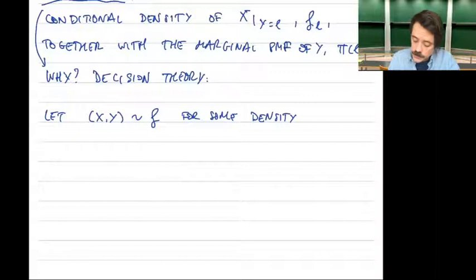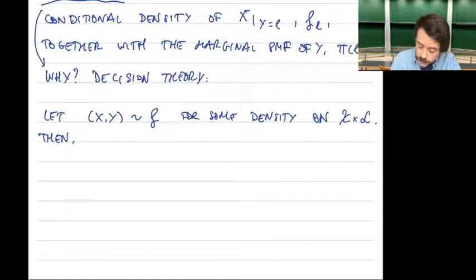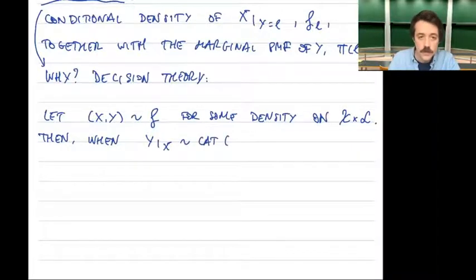So for some density on this calligraphic X times the set of labels, let me now take the first view, in which Y given X is categorical with parameters capital L, p_1 to p_L.